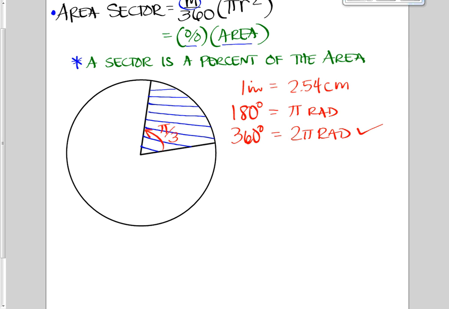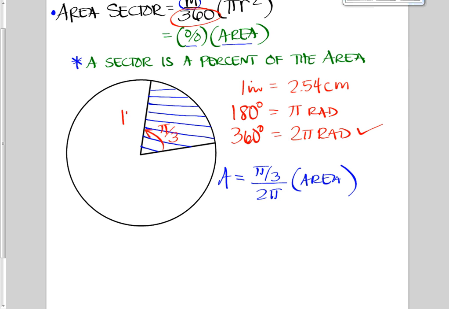So when I do my formula, this is going to change. When I go to find the area of this sector, instead of saying it's over 360, I'm going to say I've got pi over 3, that's the angle that was given to me, divided by 2 pi, times the area of the circle.